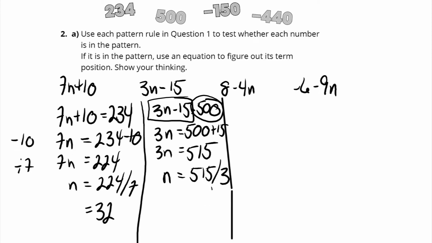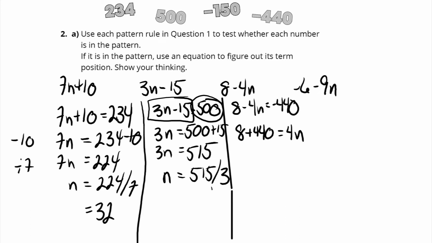Now let's try 8 minus 4n is equal to negative 440. So I want to get the n all by itself. So in this case, I'm going to move the n this way and the 440 back the other way. So that means I end up with 8. I've got to add 440 to both sides to move it from here over. And then the 4n is going to get added to both sides. So I get 4n on that side.